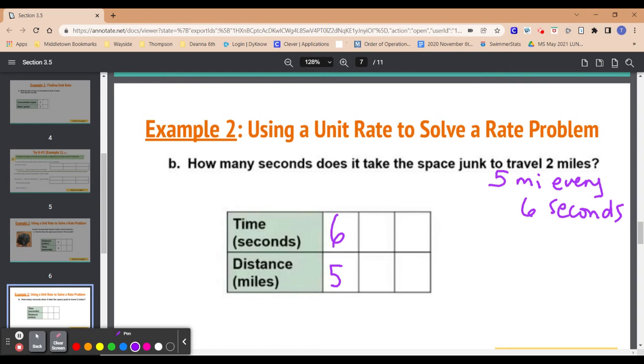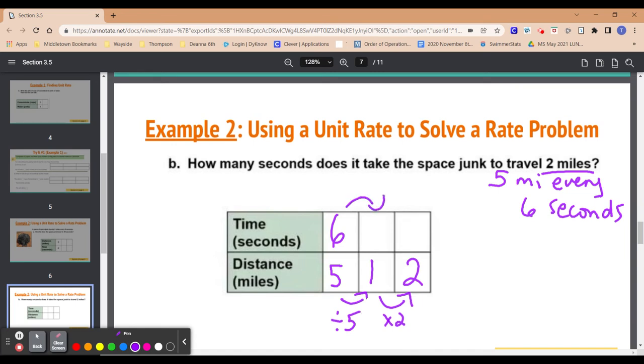So now it wants to know how many seconds does the space junk travel in 2 miles? So again, we're going to leave this blank, and 2 miles is going to go here. So that means I need to bring this to 1. So I have to bring this down and then bring it up. So let's erase this. 5 divided by 5 is 1, and then 1 times 2 is 2.